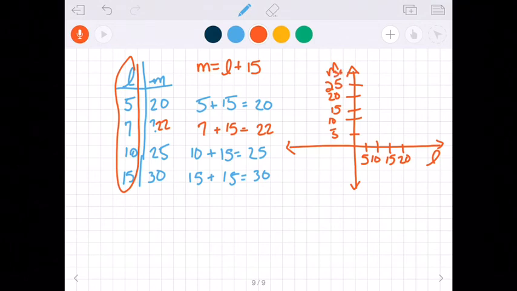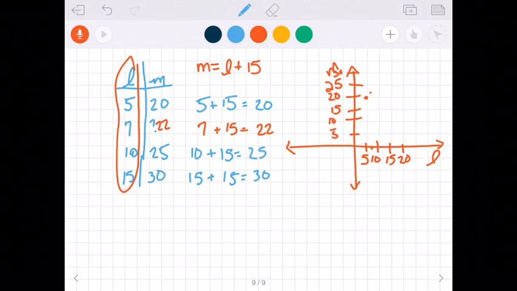Okay, so when L is 5, remember the horizontal is our L, M is 20. And we go up and we put a dot there where those two things cross. When L is 7, M is 22. And here we have to just estimate. 7's right about there, and 22 is probably right about there.